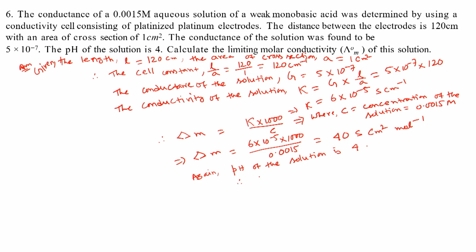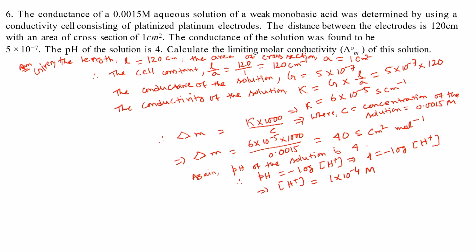Therefore, pH is minus log concentration of H plus. So 4 is minus log concentration of H plus. So we calculate, now we know the concentration of H plus is nothing but 1 times 10 to the minus 4 molar. So this is the concentration of H plus.